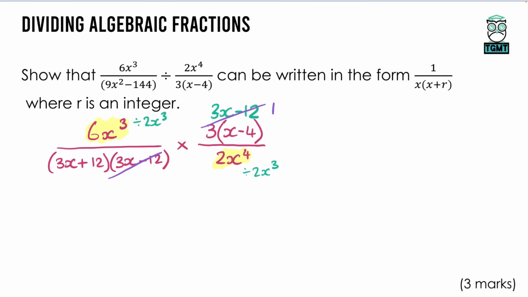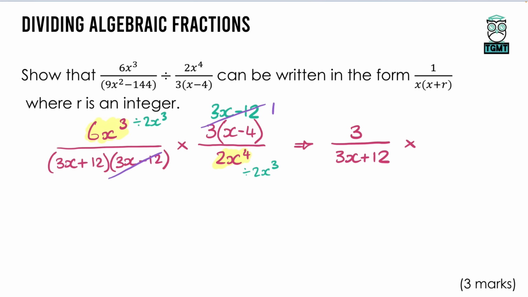So we need to write what we've actually got left once we do that, and we'll still keep it as two fractions for the moment. So here, 6x to the power of 3 divided by 2x to the power of 3 fits in 3 times. So we have 3 as our numerator. On the bottom, we just have that 3x plus 12 as the 3x minus 12 has now cancelled off. We don't need to keep it in brackets anymore because there's nothing else with it.